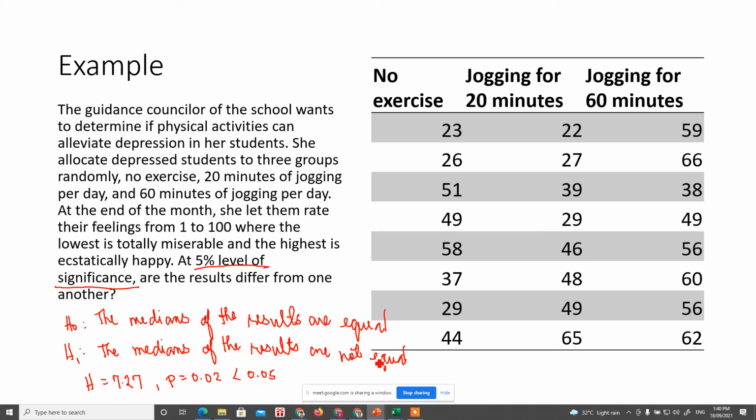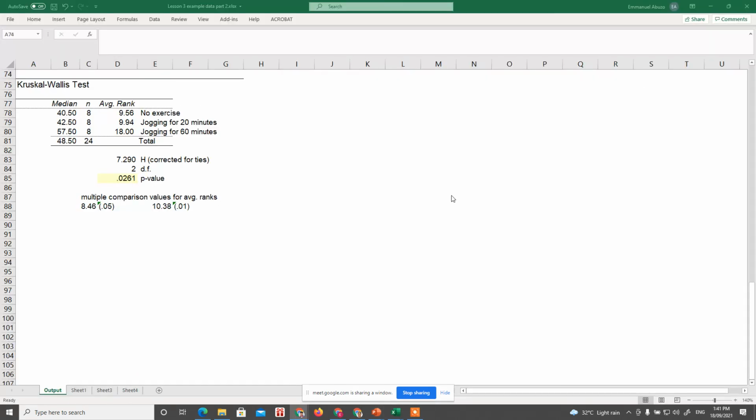Inspection of the group means suggests, if we go back to our Excel, that compared to the no exercise group, which could be considered as our control condition, depression was significantly reduced by 60 minutes of exercise, but not by 20 minutes of exercise.